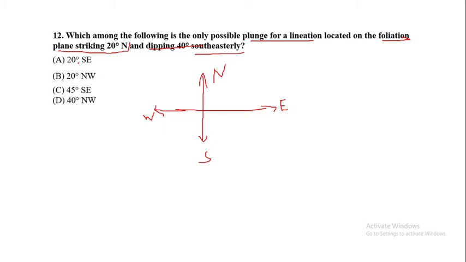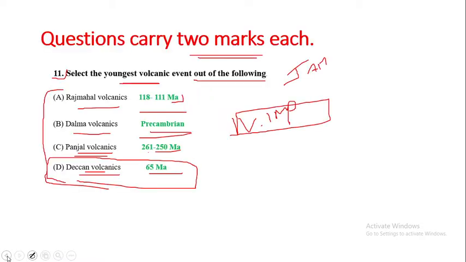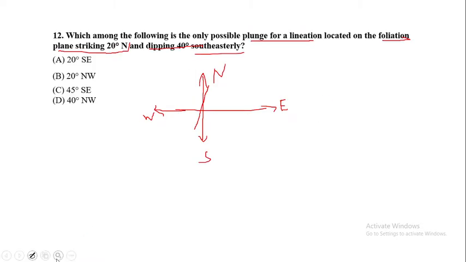Then it is given that for the foliation plane, the strike is 20° north, so we can draw the strike here. It is 20°. Okay, slight difference here. Here it will be like this. Okay, this is actually 20° north. Now we need to draw the foliation plane.